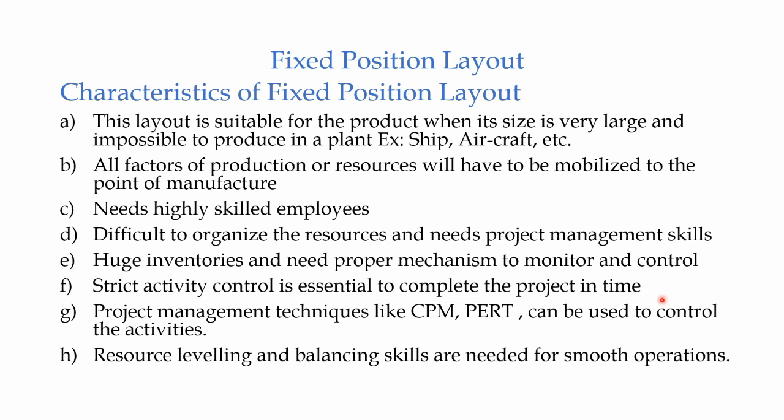If the project is delayed, automatically the costs will also increase. So project management techniques like CPM, PERT can be used to control the activities, to estimate the total duration of the project, and using Gantt chart we can analyze whether the activities are carried out as per the plan or not. And resource leveling and balancing skills are needed for smooth operations. So these are the characteristics of a fixed position layout.